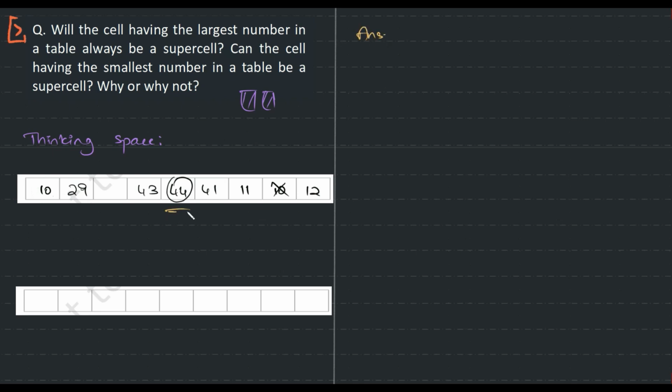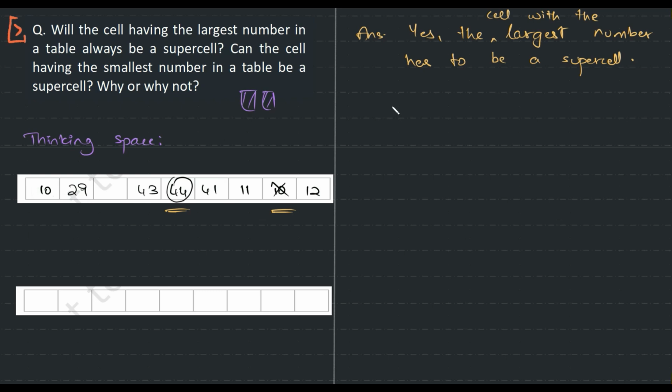We always need to have the largest number to be a supercell, and the lowest number cannot be a supercell. Let me use the word largest, actually, largest is better. The cell with the largest number has to be the supercell.